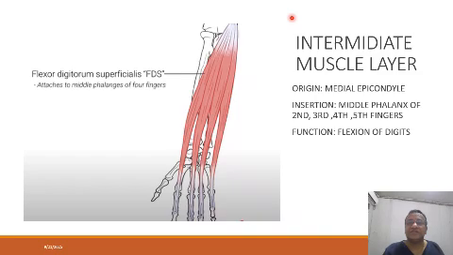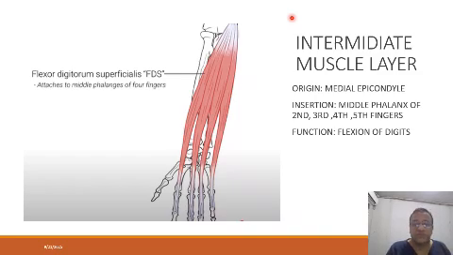It has some action of flexion at each joint it passes, but the main function is the flexion of digits. So you see its name is flexor digitorum superficialis. It's doing flexion of what? Digitorum. Now there is the word superficialis. That means there should be another muscle deep to it. So when we go further, we'll come into that.